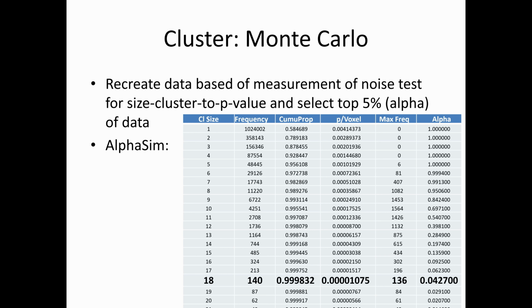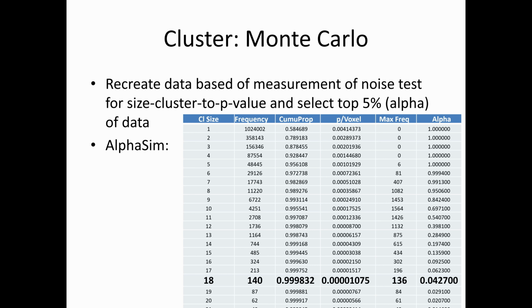So what you do is you walk up your sizes. How big a size do you get so that your noise is only creating a voxel of that size 1 in 20 times that you run your permutations, your Monte Carlo.